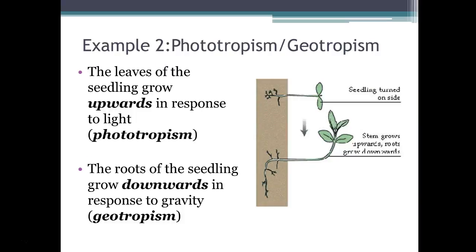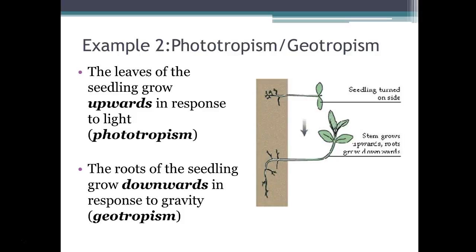Another one that you can see in plants, if you start a seed growing, and the leaves and the green part will grow upwards in response to light. So light in this case would be the stimulus, and the leaves are turning towards that. In fact, I'm sure you've noticed if you put a plant in maybe your windowsill in the kitchen, the green part will actually turn towards the outside, the window.